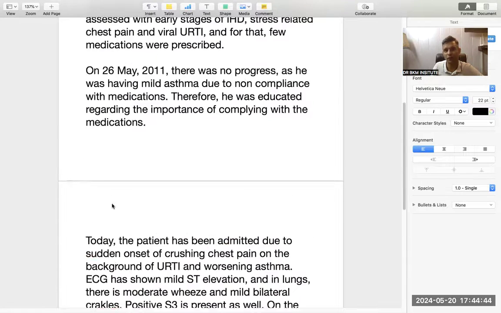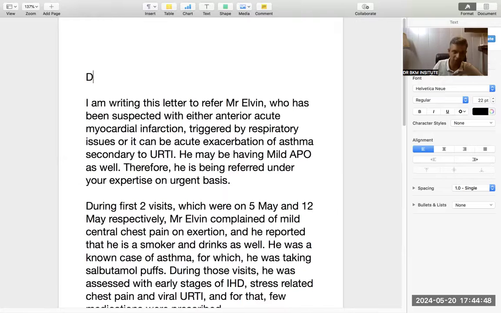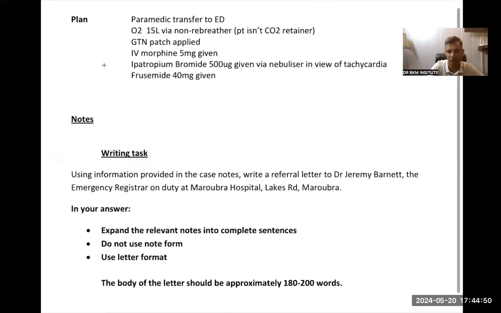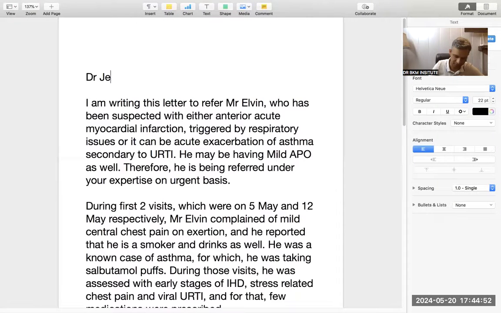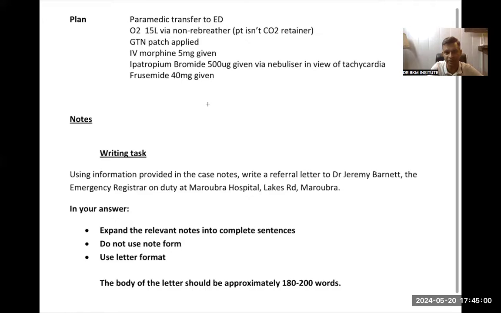And now, if you want to learn the complete pattern, how to write at the start. You start with Dr. What was the name? Dr. Jeremy Barnett. No commas, nothing. What is he? Emergency registrar.